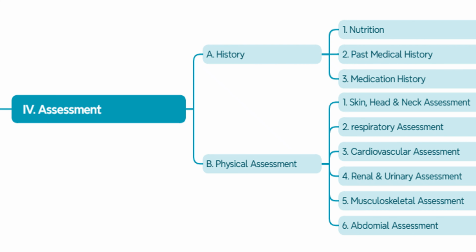Musculoskeletal bone pain, like myeloma and leukemia. For abdominal, enlarged spleen and enlarged liver, like splenomegaly and hepatomegaly. Note for meds predisposing to bleeding, like NSAIDs and steroids.